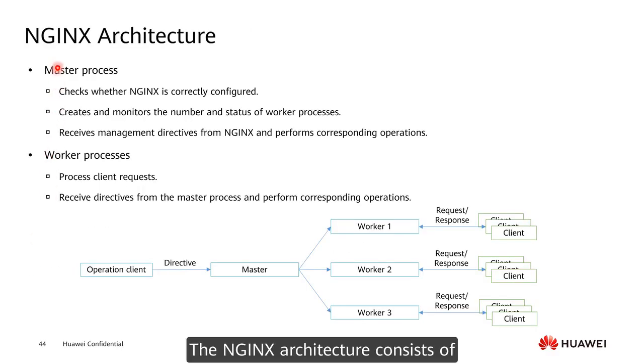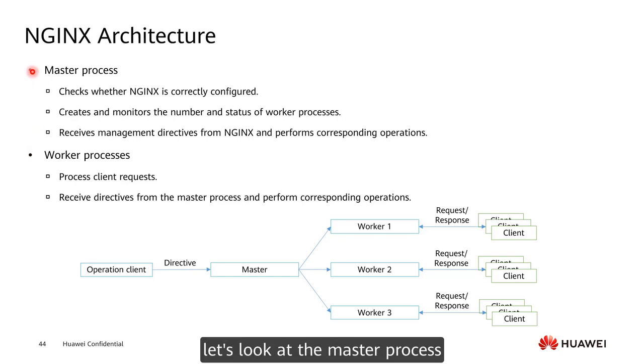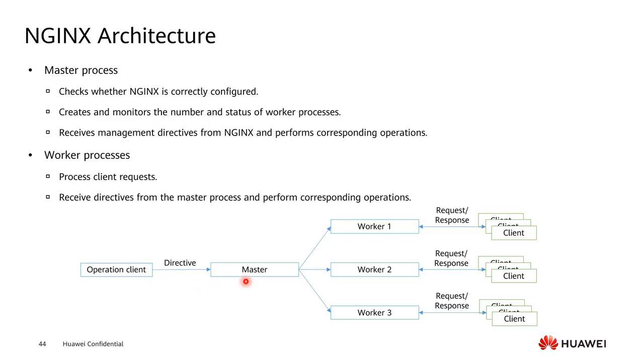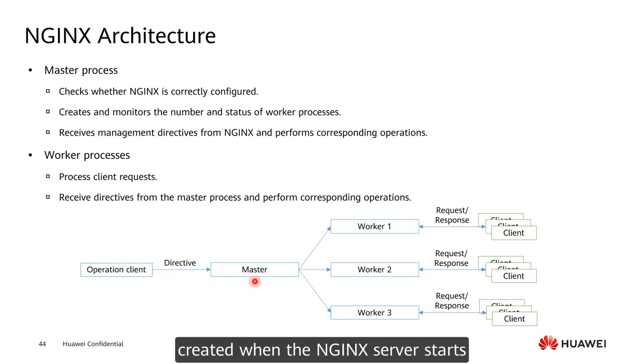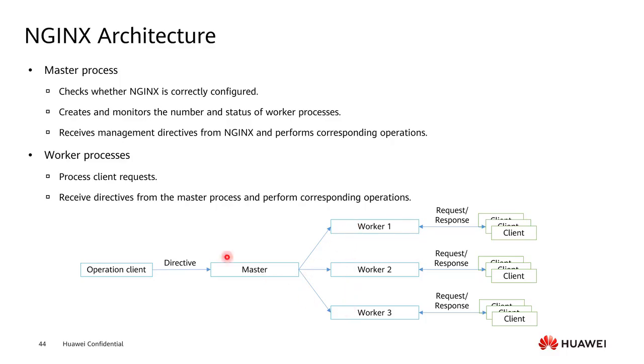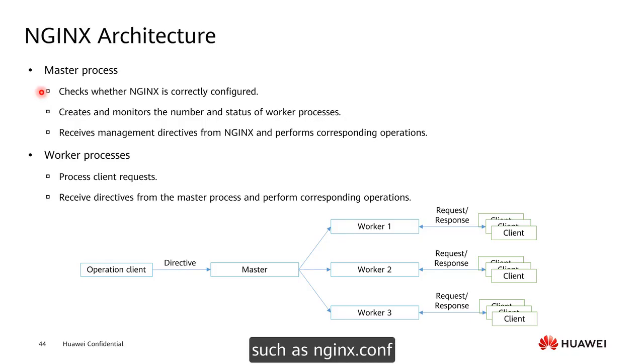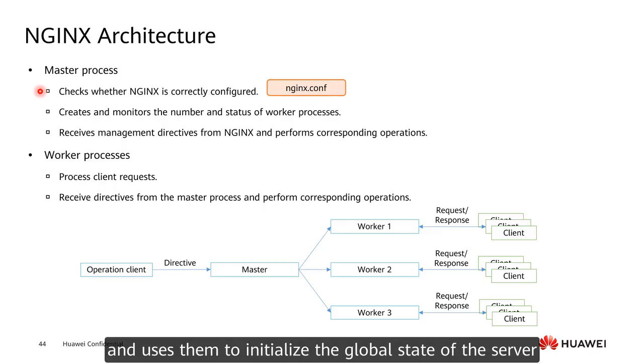The Nginx architecture consists of one master process and multiple worker processes. First, let's look at the master process. The master process is the first process created when the Nginx server starts. It manages and monitors other worker processes. The master process reads the configuration files, such as nginx.conf, and uses them to initialize the global state of the server.